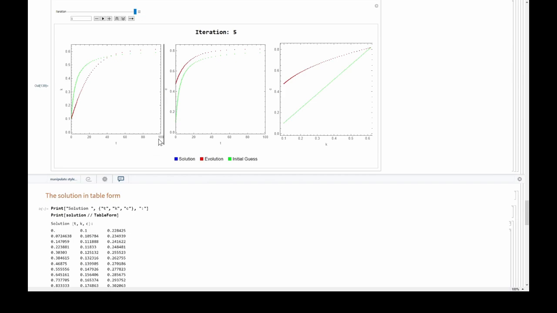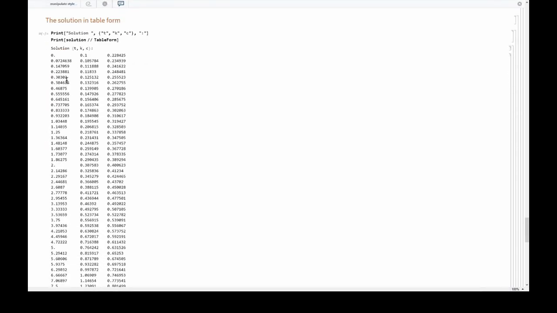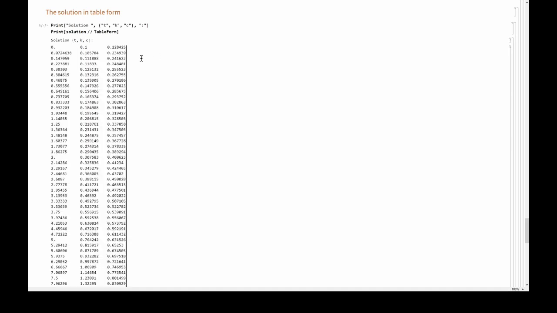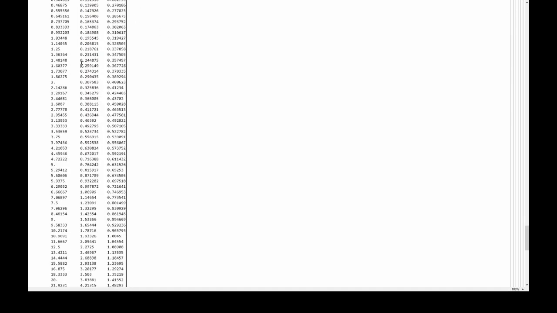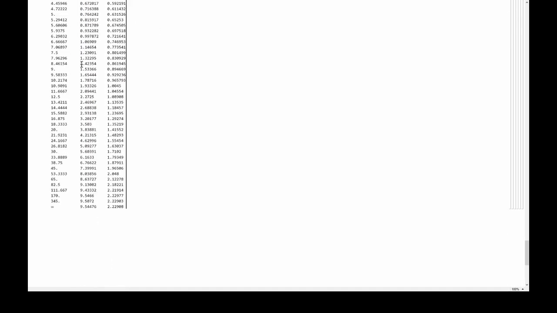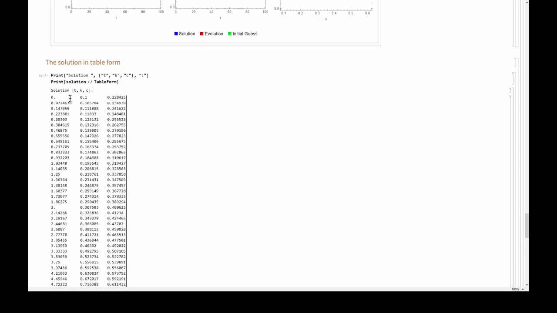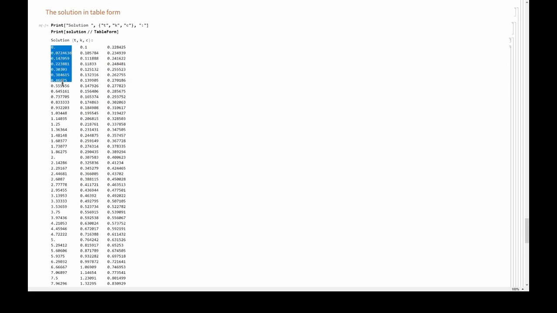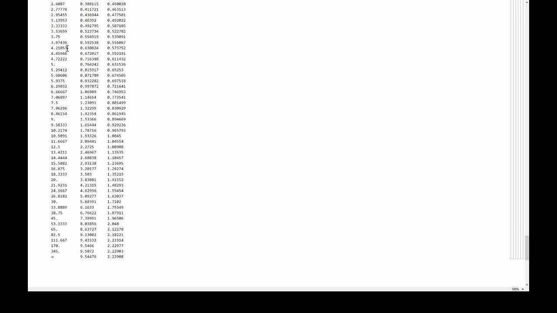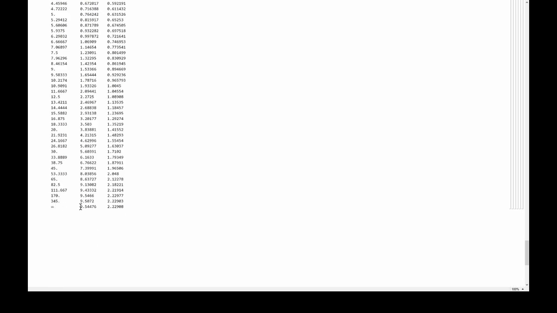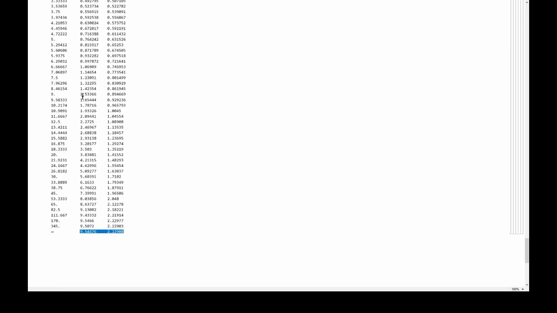We decided to have 100 grid points, but now we can also, of course, have a transformation of T and transform it back to the 0 to infinity timeline. And this is exactly what I did here. So you have all the time periods starting from today and then our initial guess, and the optimally chosen consumption for our initial guess, and go all the way down to infinity where we converge to the steady state.